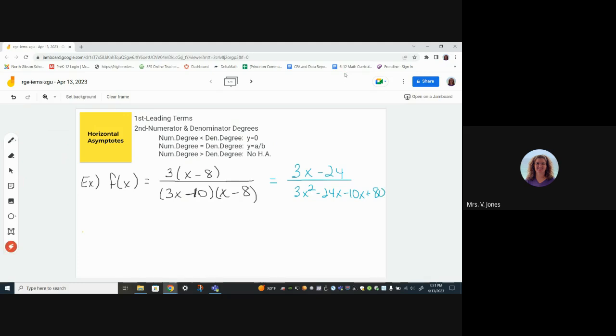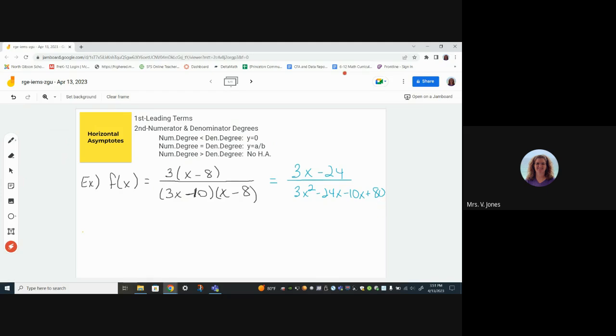Now, you'll notice that this x right here has an exponent of 1, and this has an exponent of 0, because there is no x. Then the exponent is 2, and it drops down to an exponent of 1, and then there is no x, so that's really x to the 0.